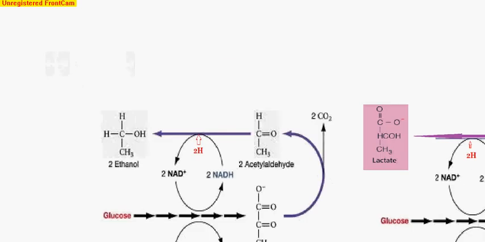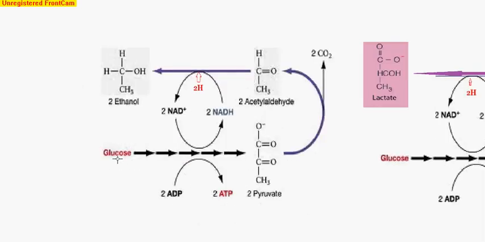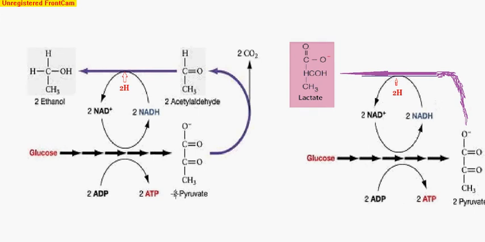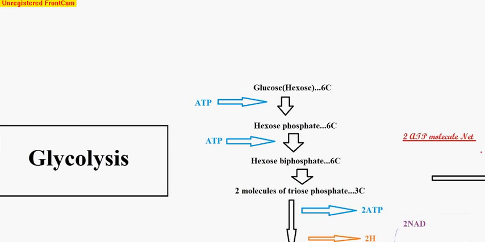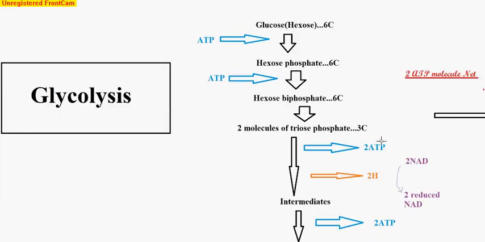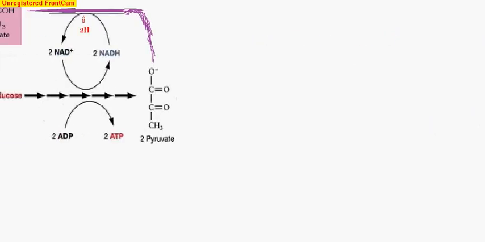This one is very simple. We have this glucose. It goes on to form pyruvate, as we know, like in glycolysis. There are 2 ATP formed over here, and 2 NAD. The same procedure as glycolysis. There are 2 ATP net and 2 NAD.